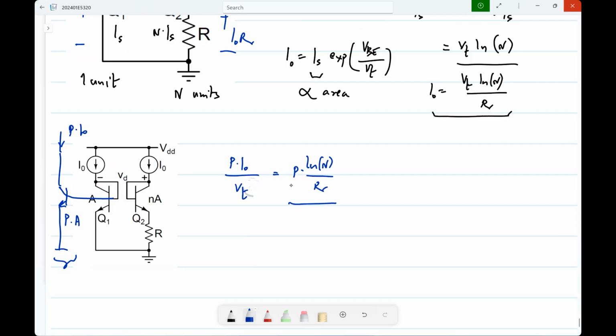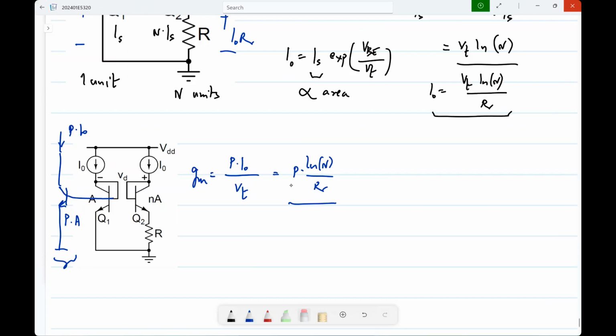The current will change proportional to absolute temperature. So in the 0 to 100-degree range, with this circuit and this value of I naught, the GM is not dependent on temperature anymore, assuming R is temperature independent. You can get that by using an external resistor.